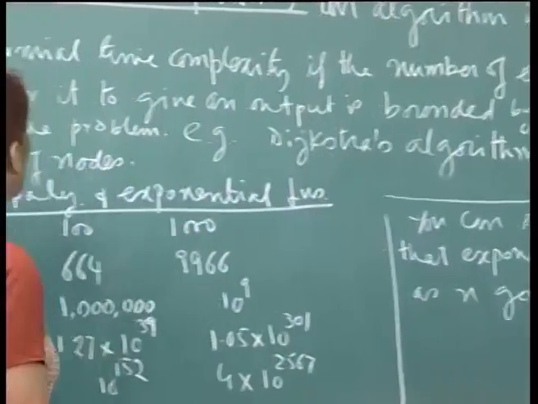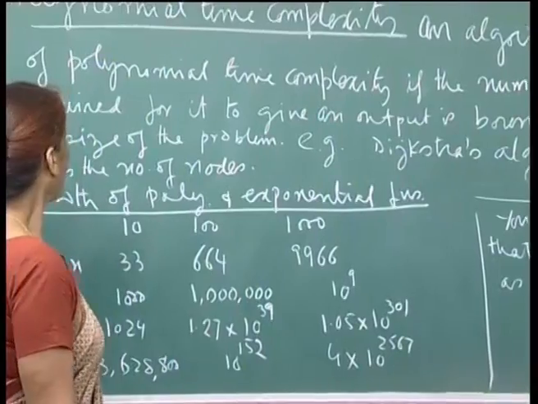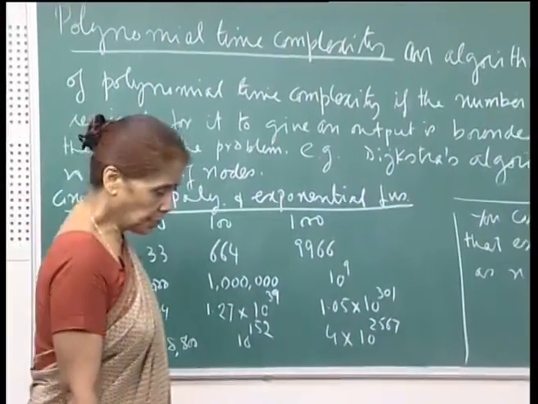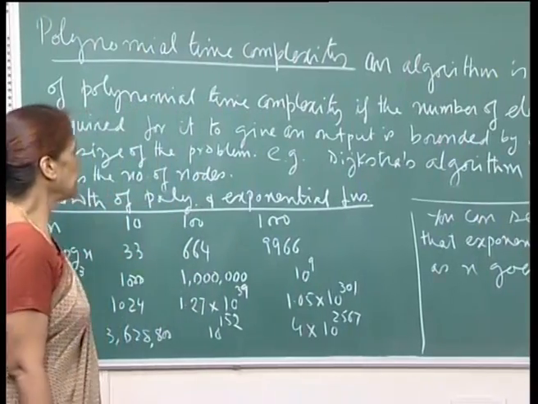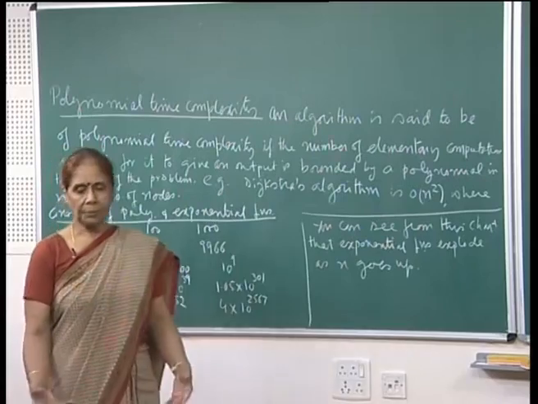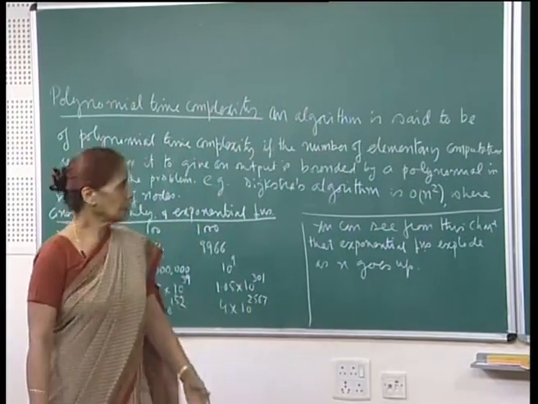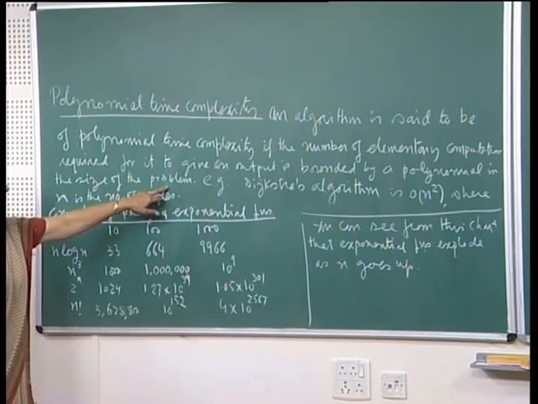An algorithm is said to be of polynomial time complexity if the total number of elementary computations that are required for the algorithm to complete its run or give an output is bounded by a polynomial in the size of the problem.